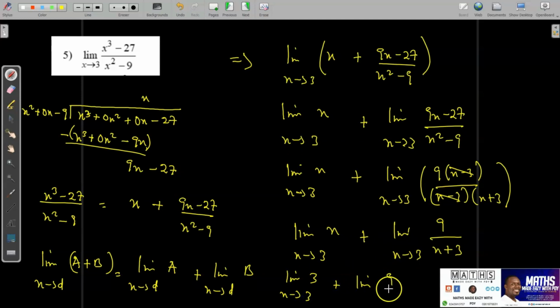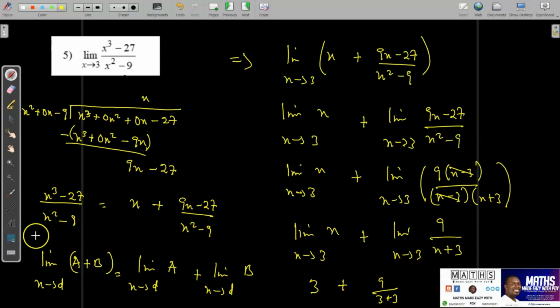9. Let me do away with the limits, because we are substituting, so the limit signs should be off. So you have 3 here plus over here 9 over 3 plus 3, and that will give me 3 plus 9 over 6.